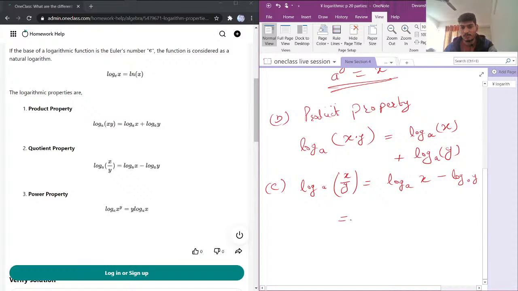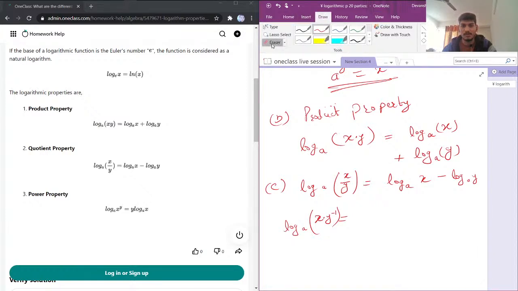We can also derive this property using the product rule. I can also write this as log base a of x times y inverse. Okay, we'll come to this after the other property.